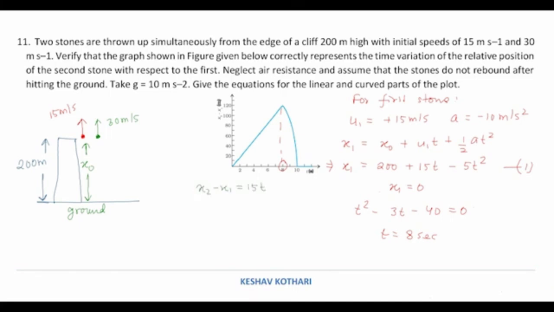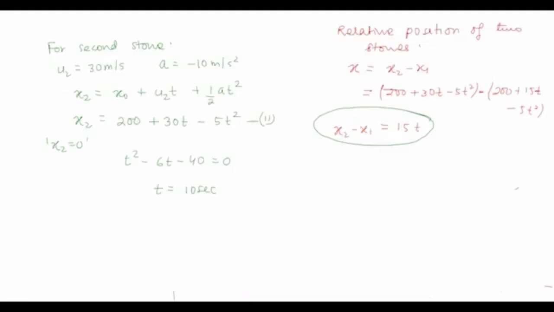If we look at this equation, we can clearly see that at t equal to 8 seconds, on putting in the equation, we get 120 meter. Now, after t equals 8 seconds, only the second stone will be in motion, because after striking the ground, the first stone will come to rest. The quadratic equation for the second stone, 200 plus 30t minus 5t square, will only be evident after the first stone strikes.